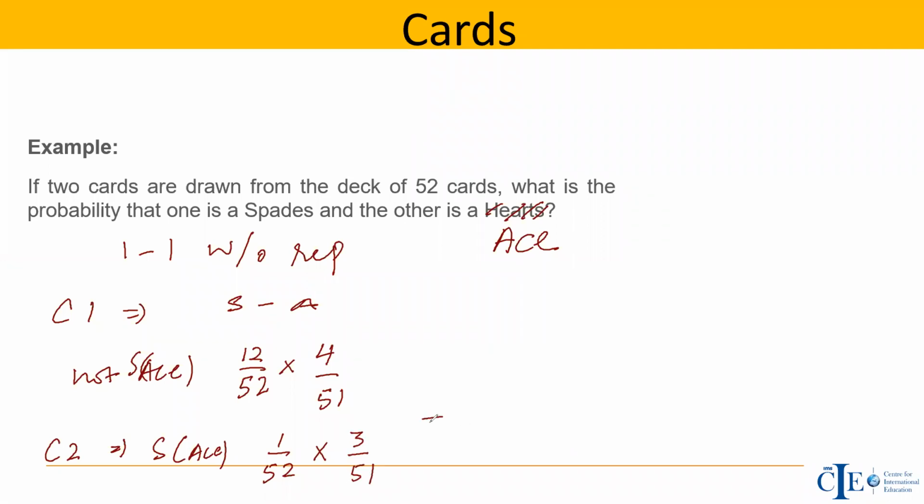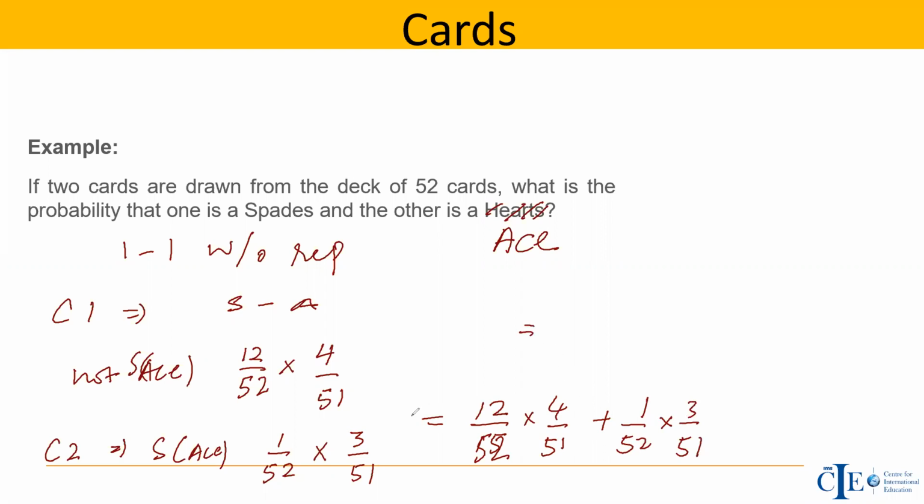Therefore, your answer will be 12 on 52 into 4 on 51 plus 1 on 52 into 3 on 51.